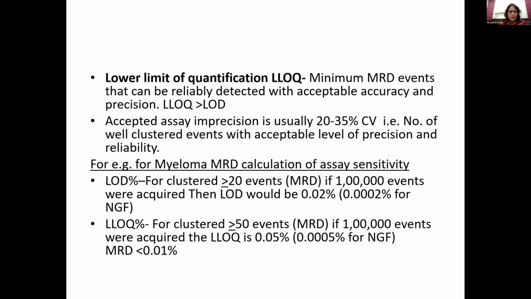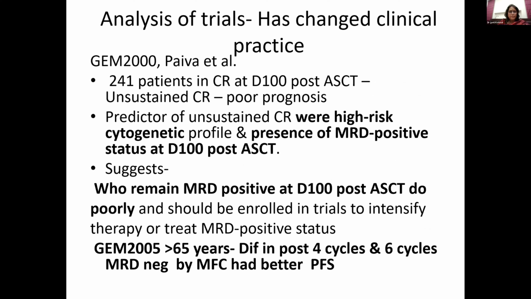It's useless. So you have to get a sensitivity of 0.01. For the old MRD negativity, at least 5 lakh cells are required. And to get today's sensitivity, you have to acquire 5 million cells to give a proper LOD and LOQ in the myeloma report. Next slide.